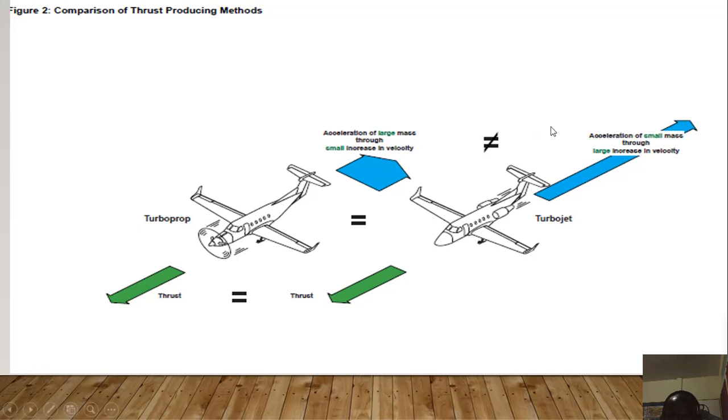That's a turbojet, a thrust producing engine. Torque producing ones have a large mass, and you just give it a small increase in velocity. So we move on.